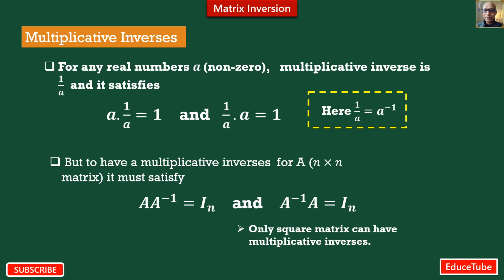Again, if we reverse it, A inverse A equal to I, so it will also be In. Sorry, this is the identity matrix. I mean this inverse and this multiplication results in the identity matrix. This is an important property. So only a square matrix can have multiplicative inverses. This is also an important point to keep remembering.